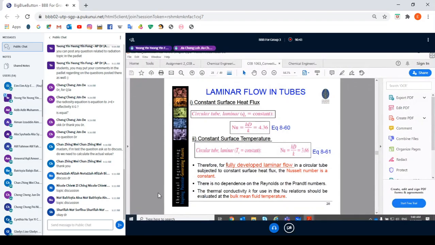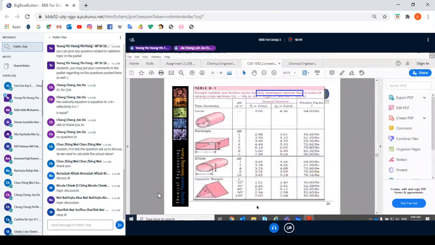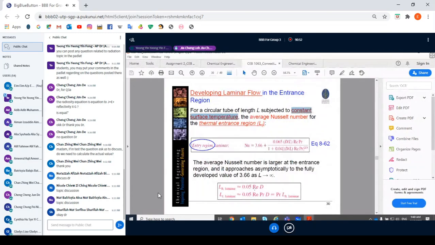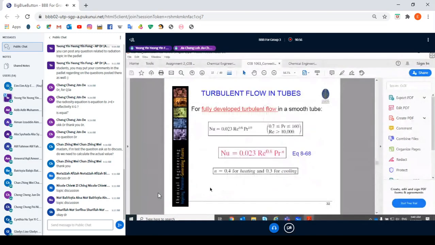In the revision, I mean the checking for the entry length for QS constant. The entry length check is only for TS. For turbulent, because laminar doesn't have. For turbulent, both equations can be used.